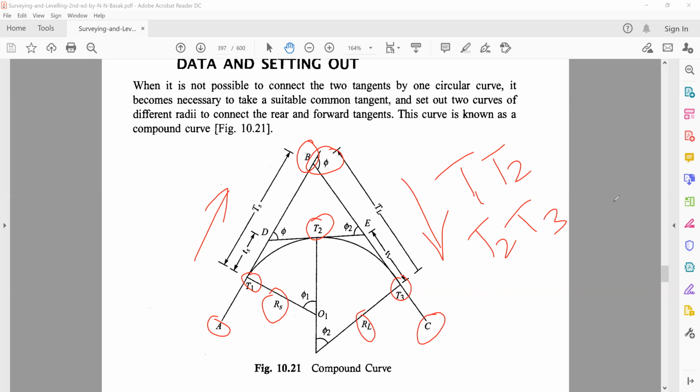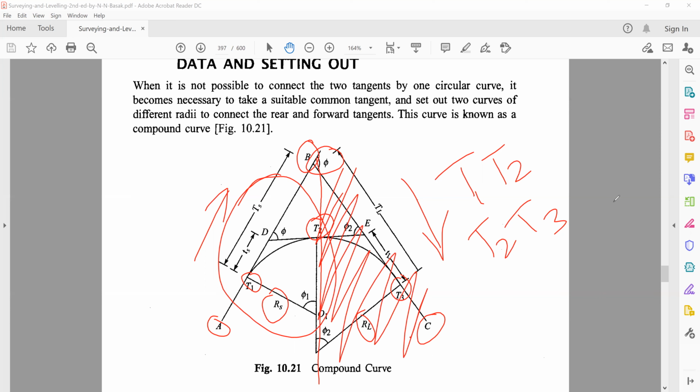Now, in order to solve this curve, an easier way is to forget what is on either side of the curve. So from the point T2, if you forget what's over here and just look at this portion, it's just a simple circular curve, like whatever we did before.